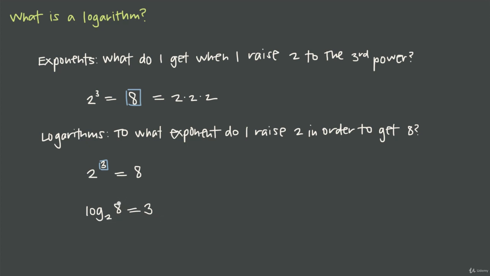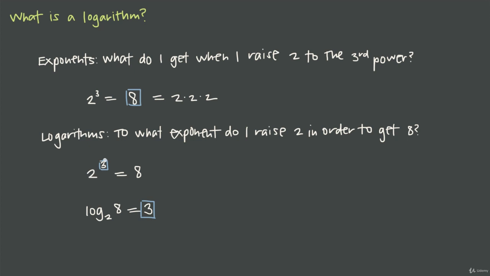Keep in mind also that whether we have an exponential equation like this one or a logarithmic equation like this one, both equations always include the base, the argument, and the exponent. So we already know here that in the exponential equation, we have the exponent of 3, and we can identify that same exponent here in the logarithmic equation. We also know, and this is probably the one that makes it easiest to remember, that the base here is 2.